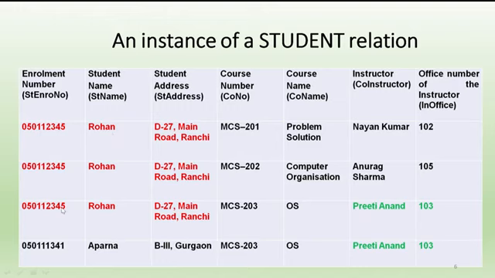In all the places the name has to be consistently Rohan. That means the enrollment number attribute can functionally determine student name as well as student address. They are also the same, right? So there is going to be a definite functional dependency from enrollment number to student name as well as student address.